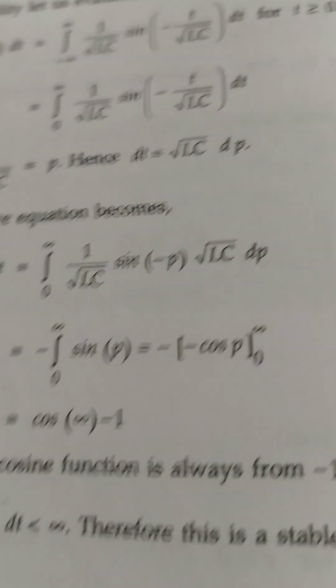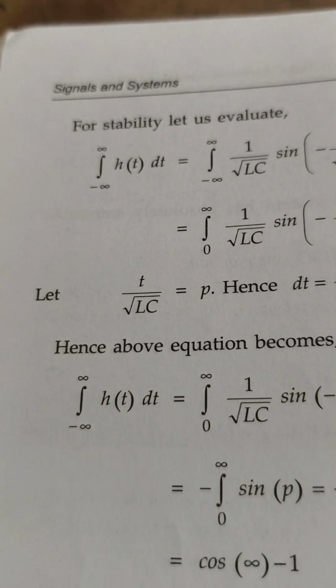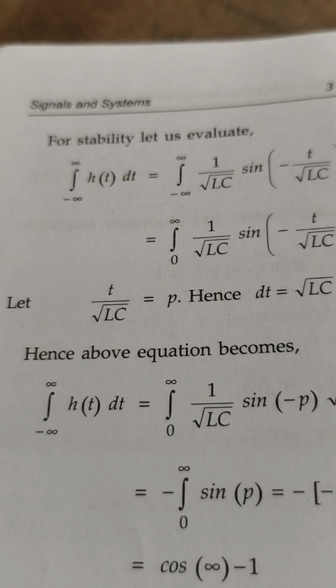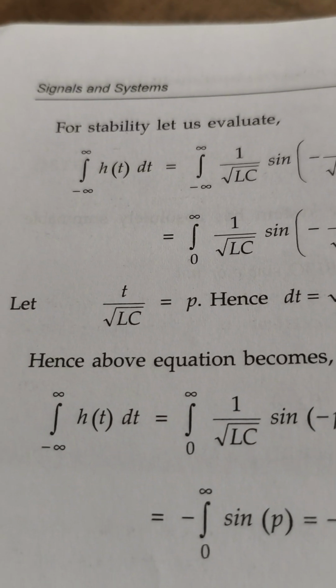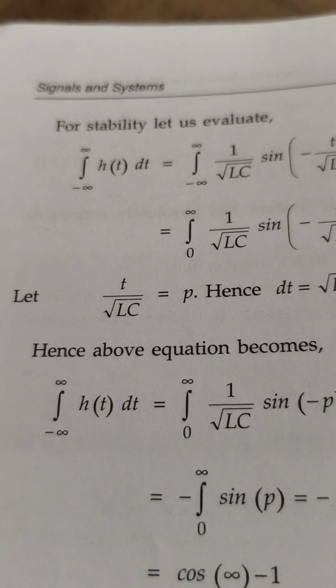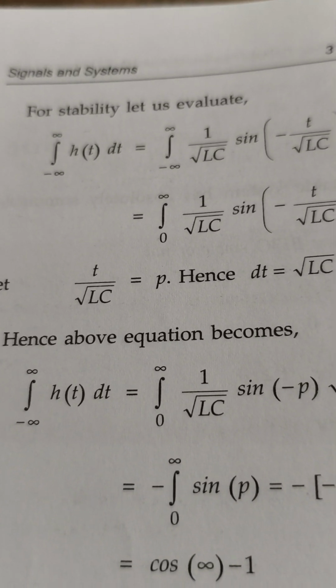Now we'll find out whether the system is stable or not. What is the condition for stability? The condition for stability is the integration from minus infinity to plus infinity of h of t dt. Whatever value we get, it should be less than infinity.